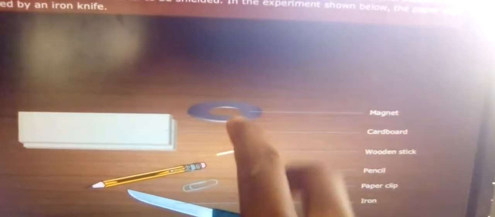When I put a knife, the clips fall, meaning that the magnetism is now concentrated in the knife.